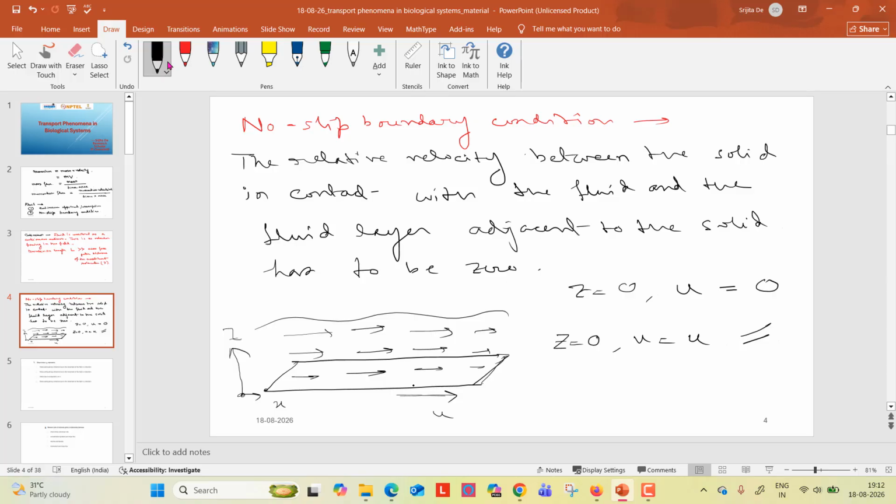The relative velocity between these two is 0. If the plate is stationary, the velocity is 0, and if it is in motion, you take the velocity of the fluid to be that of the plate. Okay, so these are the two basic important assumptions for fluid calculations.